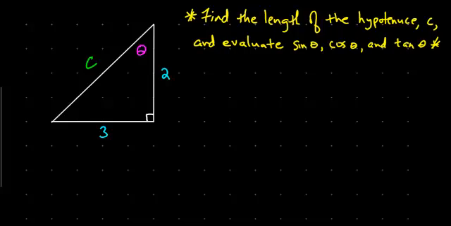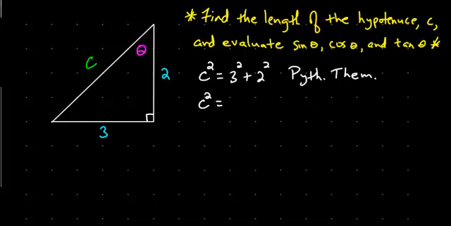So how am I going to find C? Here we're just going to use the Pythagorean theorem. C squared equals 3 squared plus 2 squared. So C squared equals 9 plus 4, C squared equals 13.